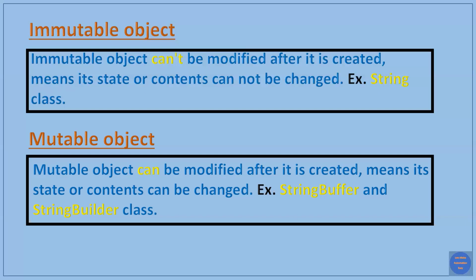So it means the object will be modified, and these types of objects are known as mutable. Examples are StringBuffer and StringBuilder.